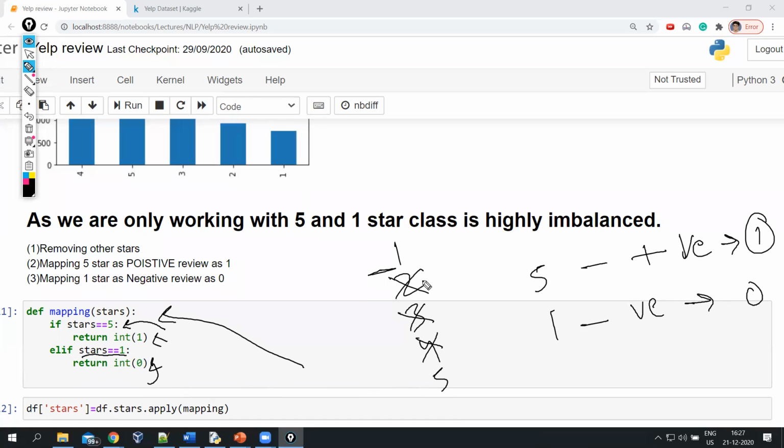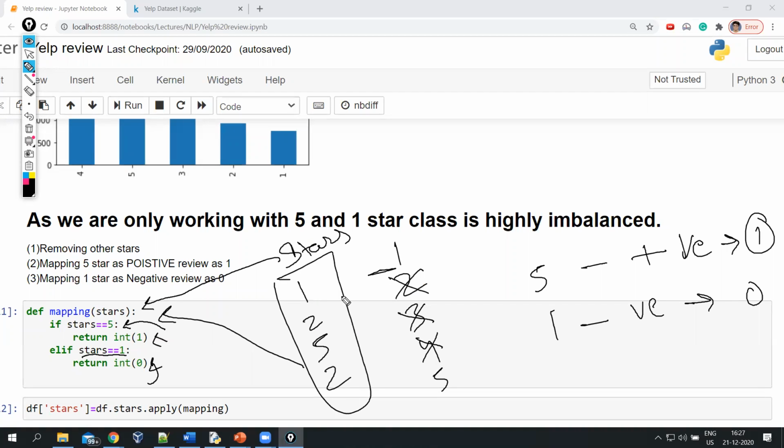So in this way, I have a column named stars. I will pass this stars to this function, and in our example, I have 1, 2, 5, 2. It will check, 1 is there, so it will go into the else if part and return 0 here.